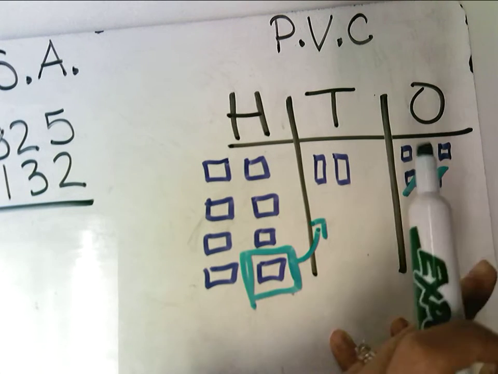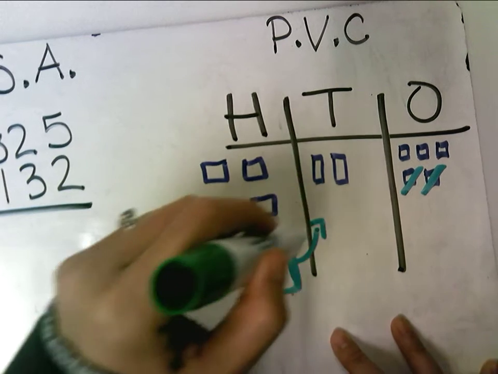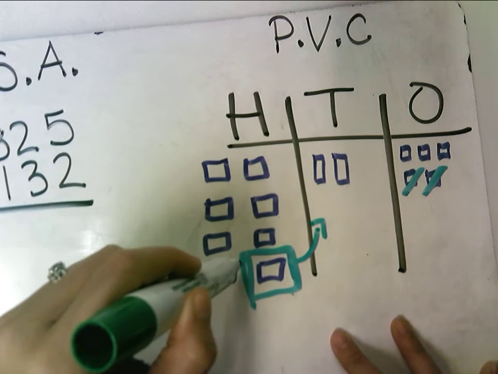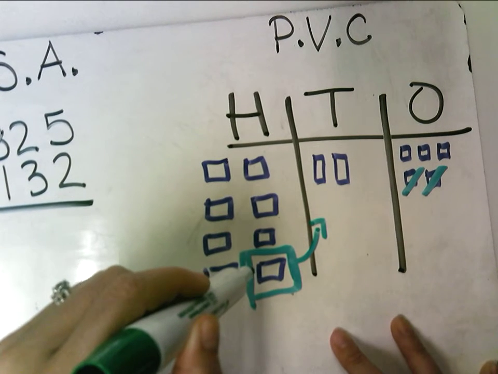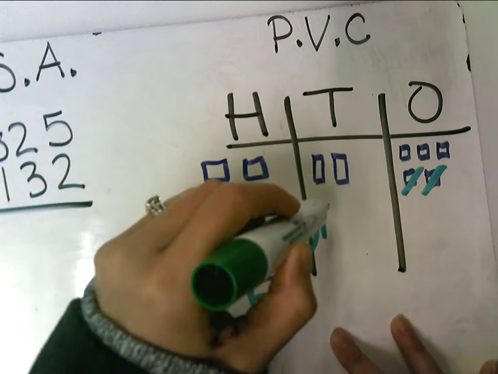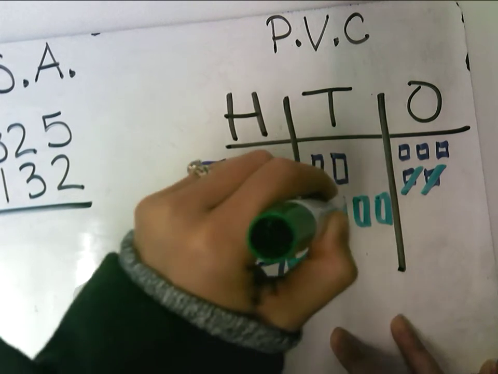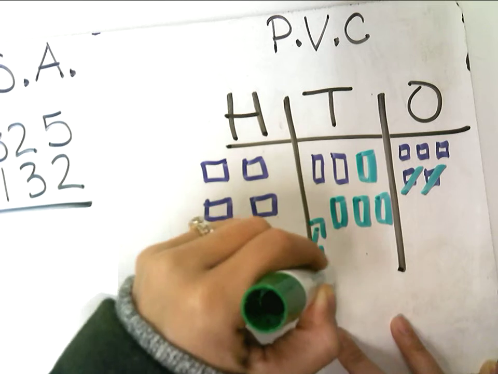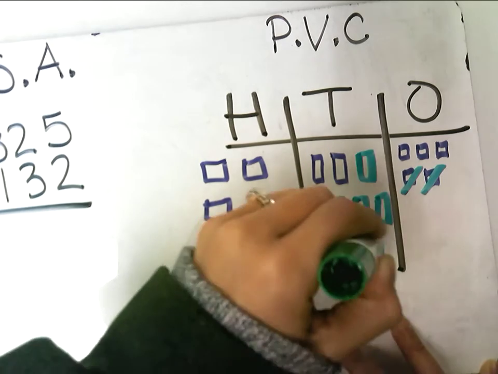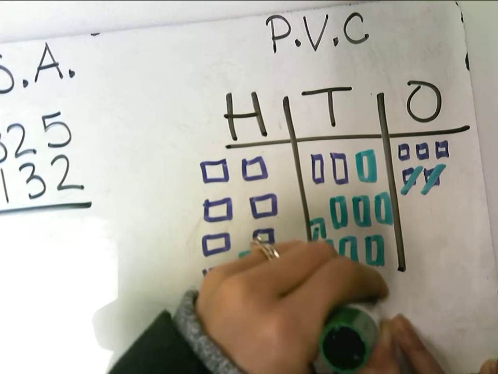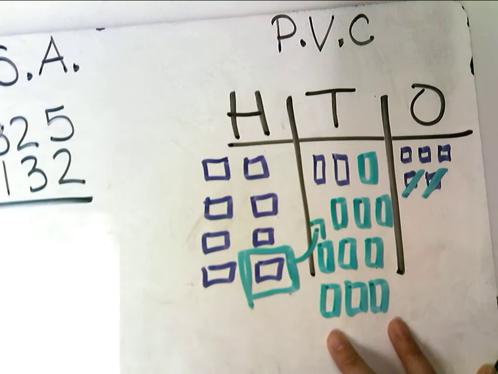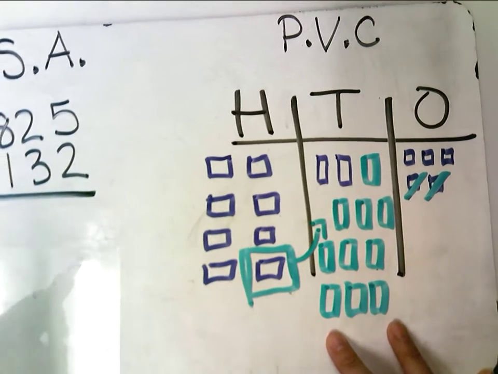So we're working backwards. So here's my 100, and how many tens do I need to make one 100? I need 10 tens. So here's 1, 2, 3, 4, 5, 6, 7, 8, 9, 10. There's my 10 tens.